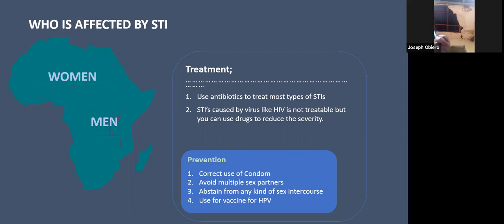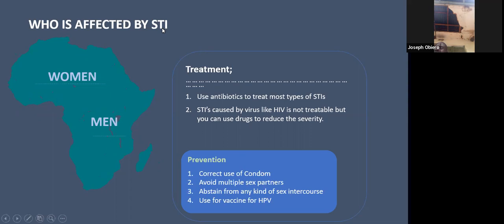So when we go to the treatment, we classify the diseases based on the cause. So we'll manage them with the symptoms and signs presentation, which will lead us to make the right choice of management.